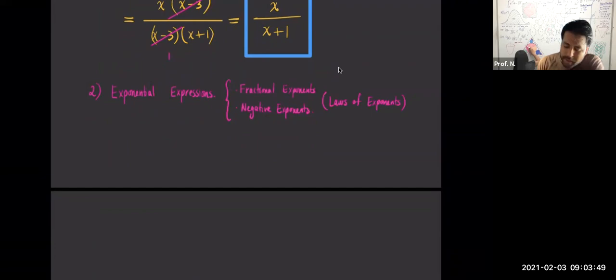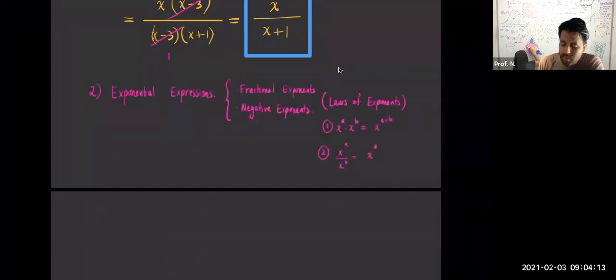So just to remind us, one of the laws of exponents: if we have, for example, x to the a times x to the b, we have the same base, so we add our exponents. The second one is when you have x to the a divided by x to the b. This is when you divide two exponential expressions with the same base.